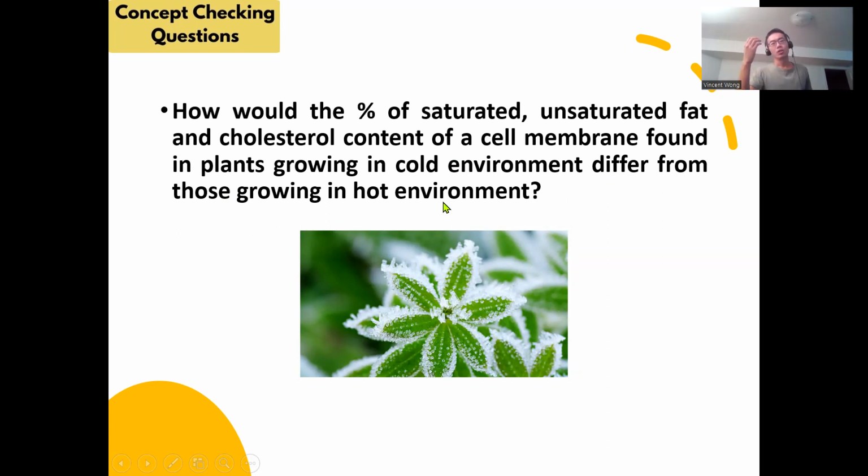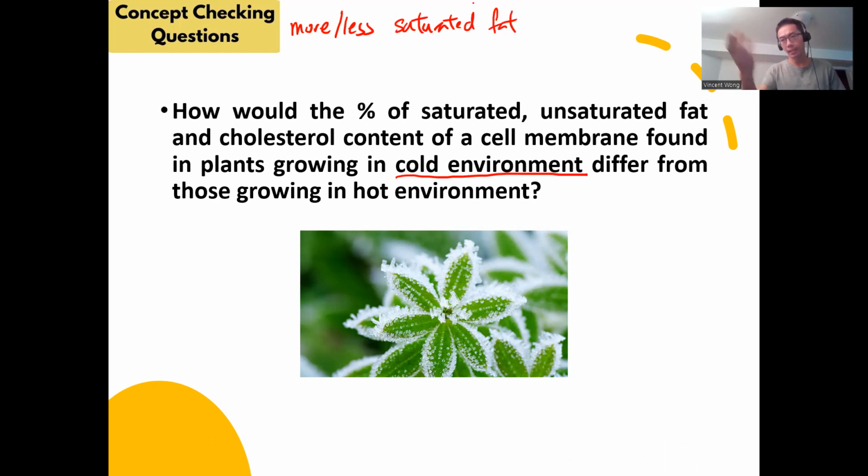So what do you think? Someone mentioned something about sunlight, but let me finish first. This plant is growing in a cold environment. Do you think there is more or less saturated fat in the phospholipid? Do you think there is more or less unsaturated fat?